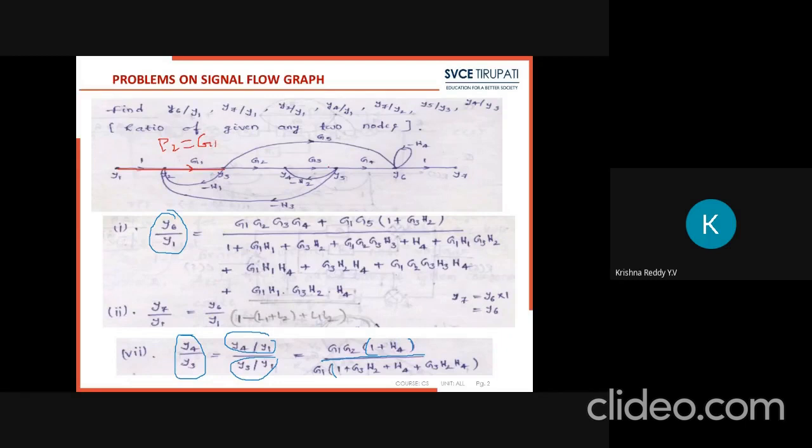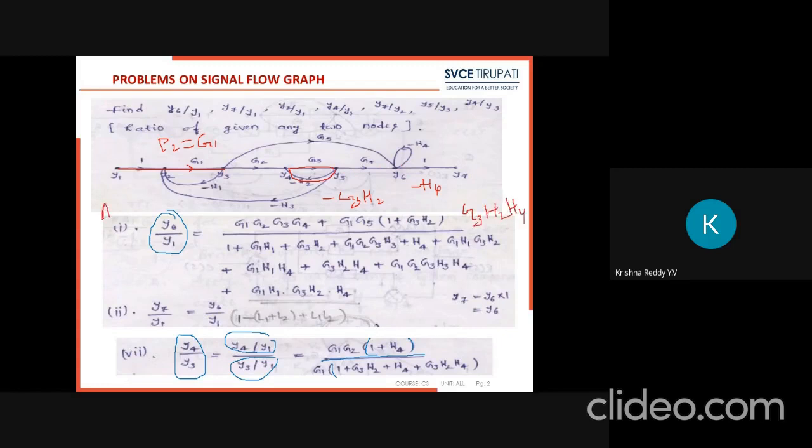For this forward path, this loop does not touch. Its gain is minus G3 H2. And also this loop does not touch, minus H4. These two loops also individually do not touch each other. Then its product is G3 H2 H4.